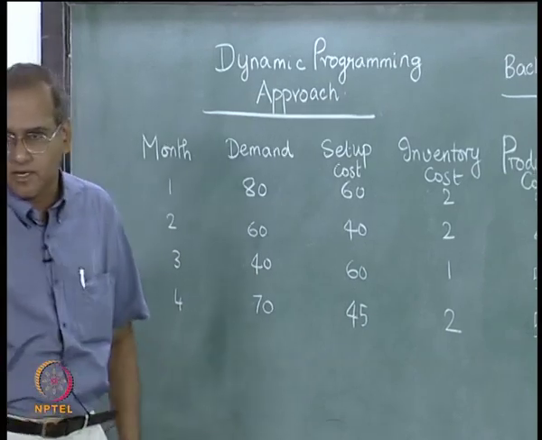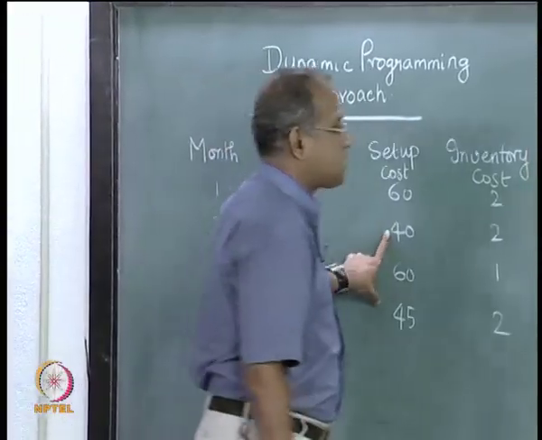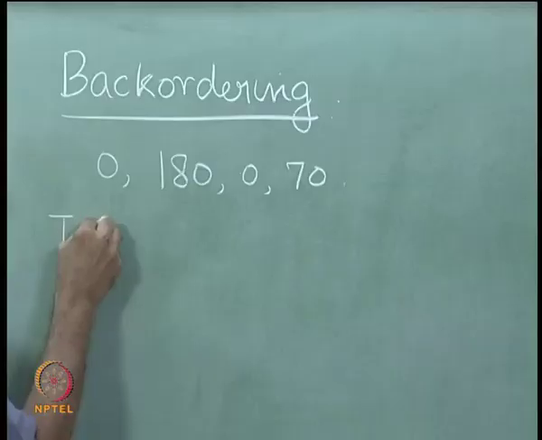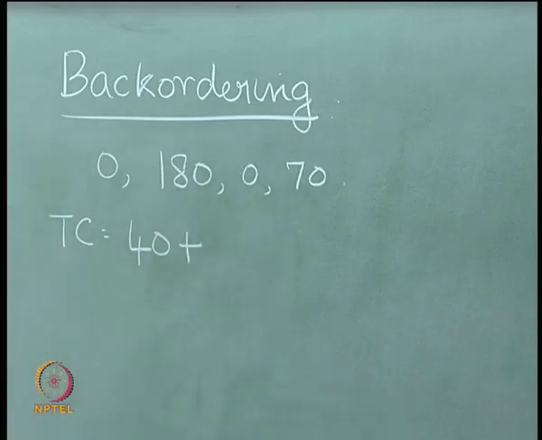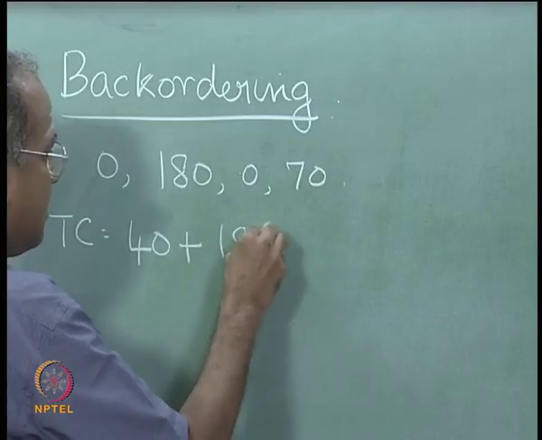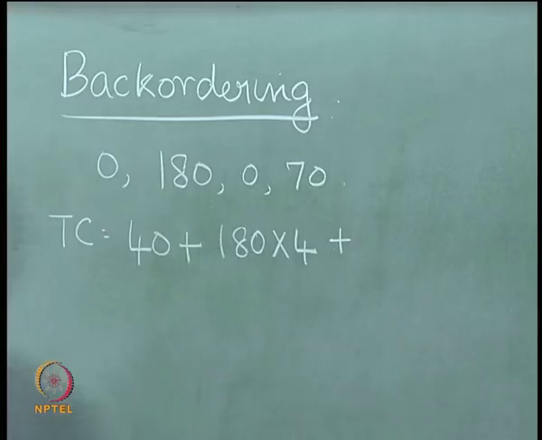So, if we do such a thing, what is our cost? Now I am incurring a setup cost of 40. So, the total cost will be setup cost of 40. I produce 180 here, the unit production cost is 4, so 180 into 4.